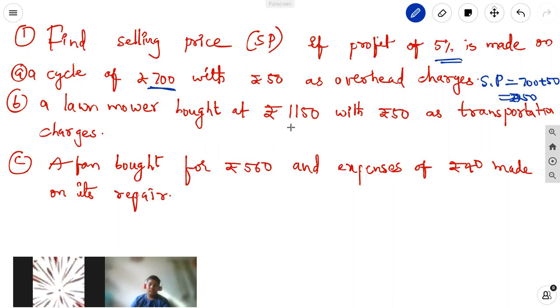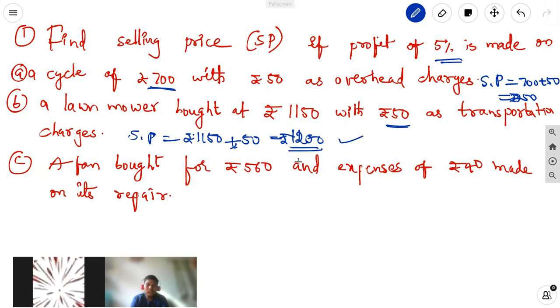750 rupees. For the lawnmower, the price is 1150 rupees, bought with 50 rupees of transportation charges. If we put the transportation charge on the object, the price is actually 1150 and the extra charges are included in that, so 1200. The actual price is 1150, but we put the charges on that.